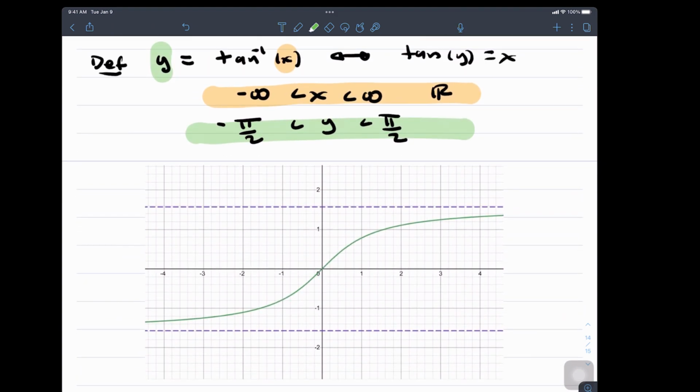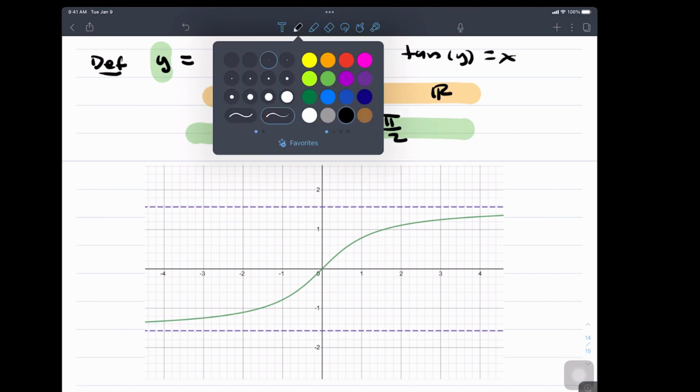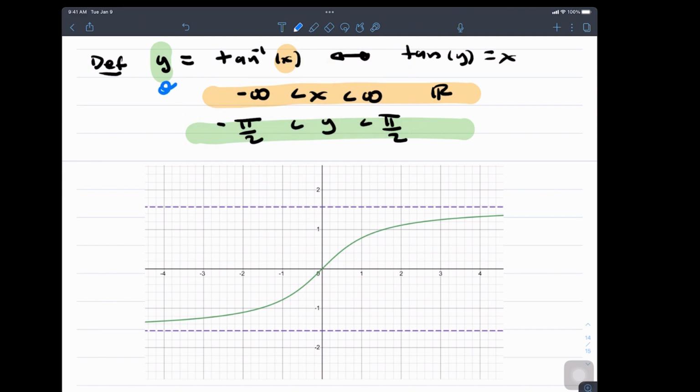Okay, and notice what? What do we want to notice? Can I ask you guys this? If y is theta, right? Don't we usually call that theta when we start to use this? What quadrants are we really talking about?